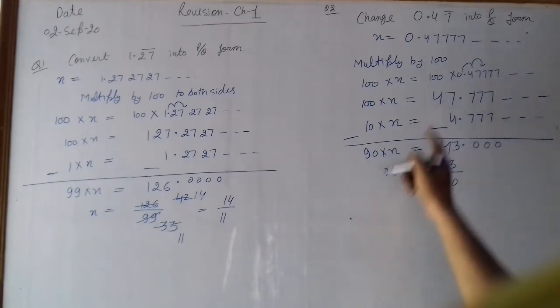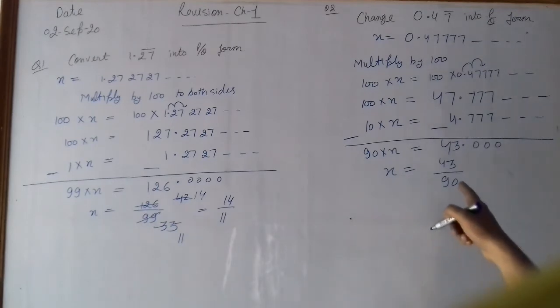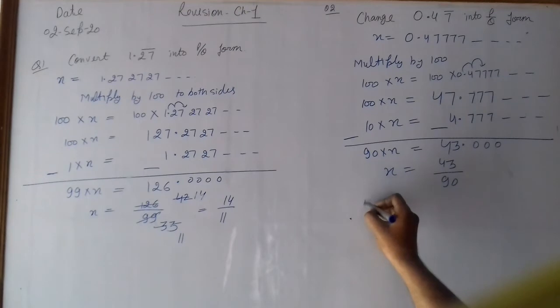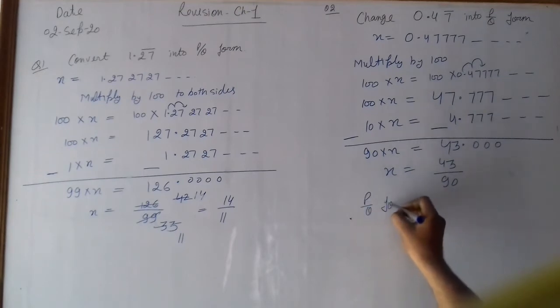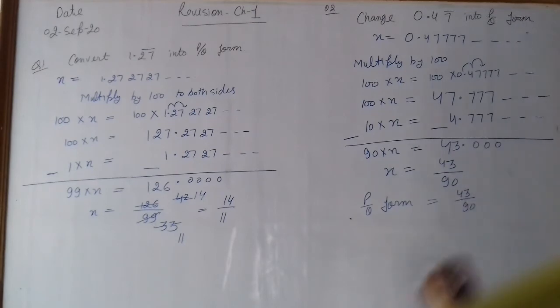So the rational P upon Q form of 0.47 bar is 43 upon 90.